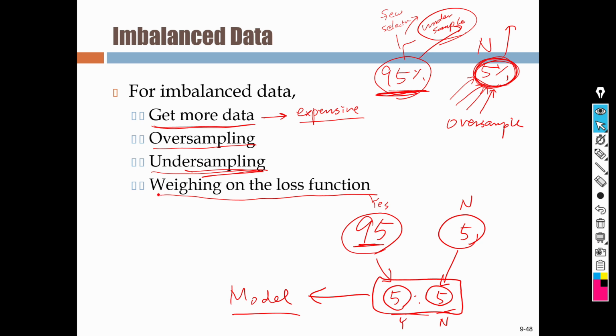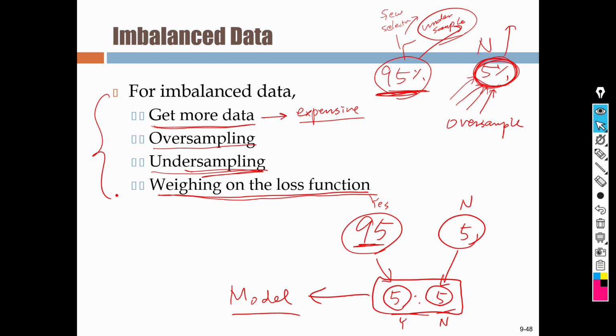And then also weighting on the loss function is where you give a penalty. Again, this is also used in any machine learning model. Weighting on the loss function is when you have some kind of penalty for a wrong prediction, you give a different weight.